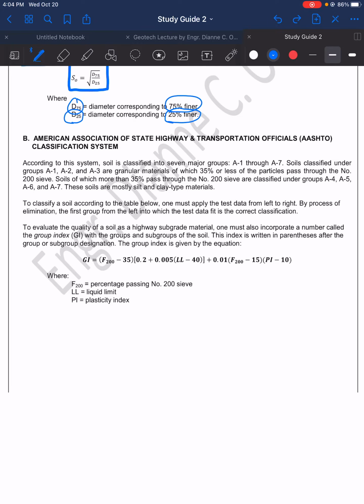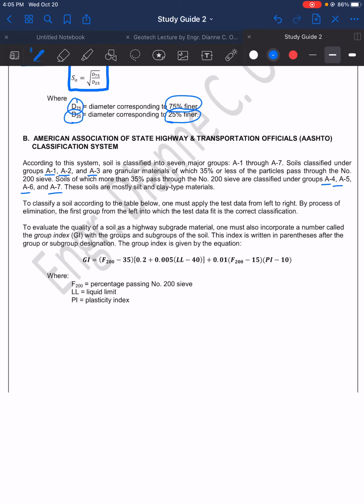Soils classified under groups A-1, A-2, and A-3 are granular materials, of which 35% or less of the particles pass through the number 200 sieve. Soils of which more than 35% pass through the number 200 sieve are classified under groups A-4, A-5, A-6, and A-7. These soils are mostly silt and clay type materials.